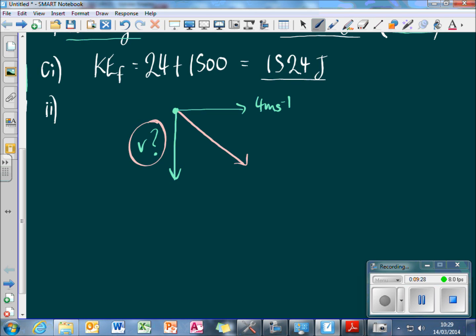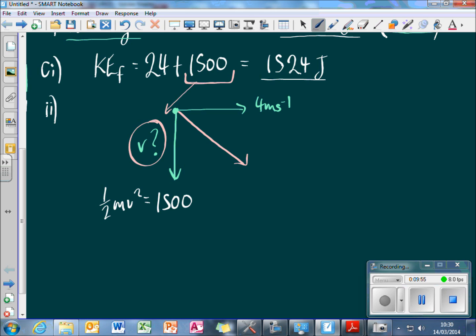Where does this velocity come from? It's come from the potential energy, right? And that there was the potential energy we gained. So all this velocity, that's it, yeah. So this V here, just this bit here, half mv squared is equal to that much energy, because that's what was gained from falling.